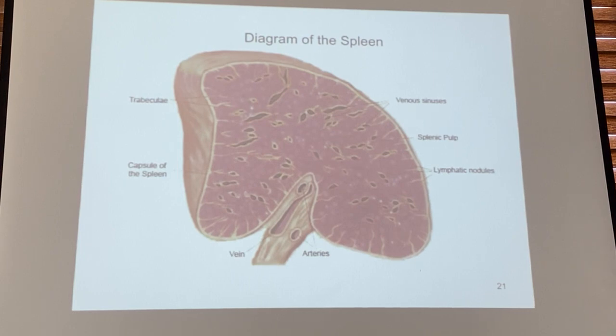And from one side there is a hilum. It looks like the hilum of the lymph node, but the spleen is a large organ. And the hilum is the site for the entry of the artery and the exit of the vein.